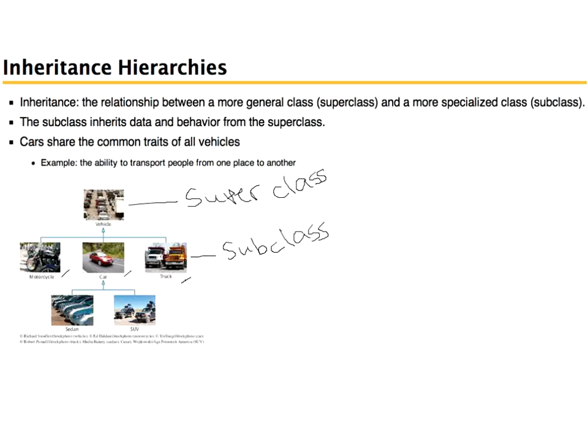Now, a class can itself be a superclass and a subclass at the same time. For example, the car is a subclass of vehicle, but at the same time it is a superclass for other little classes, for example sedan, Hyundai, Mercedes, anything.